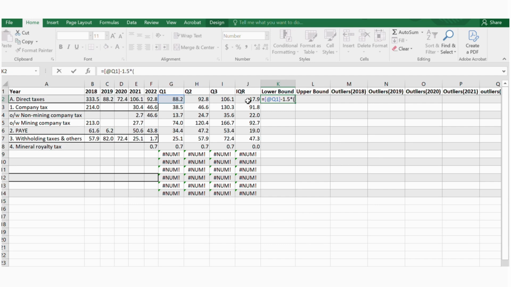You just have to put it in brackets like that. And there you have it. We've got our lower bound here.